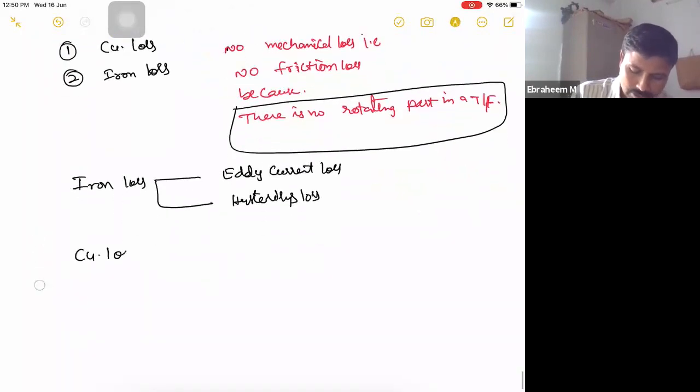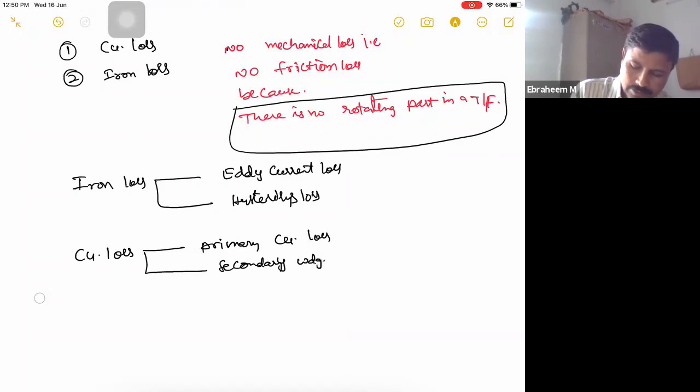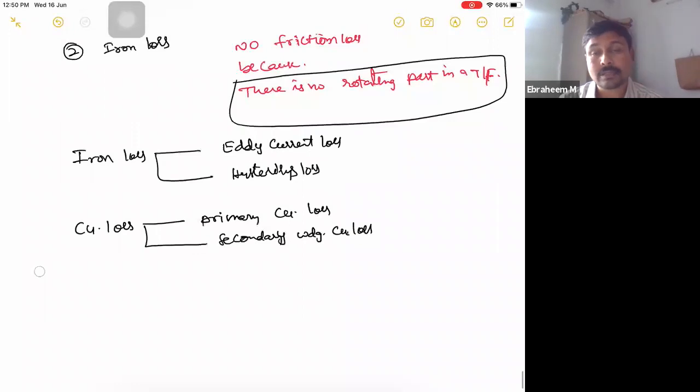Copper loss is the primary winding copper loss and the secondary winding copper loss. That is the total losses, right?